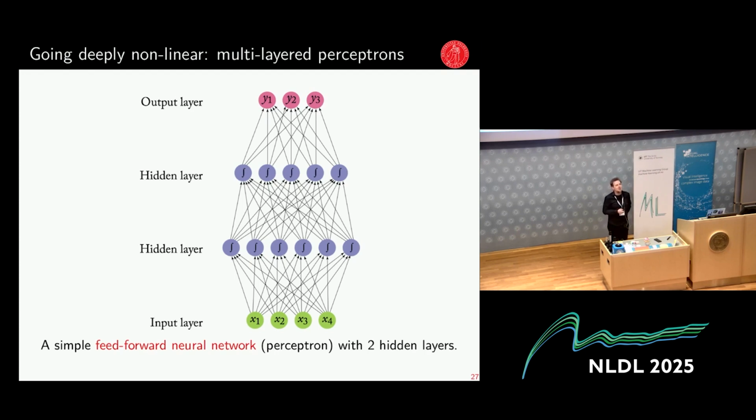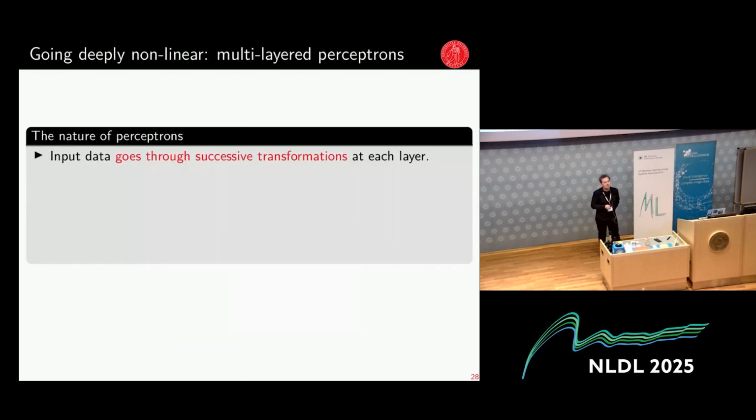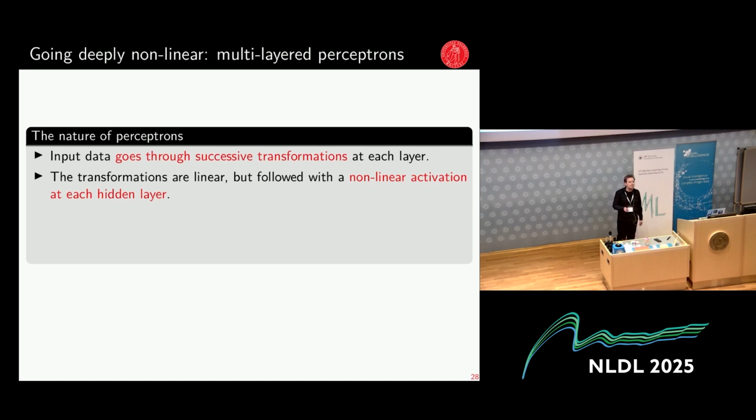This is a so-called feed-forward neural network, or perceptron, with two hidden layers, right? Conceptually, without going into much detail, the idea of feed-forward neural networks is that the input data goes through successive transformations at each layer. So we apply some transformations, like the one that I mentioned a few slides before, to our input data.